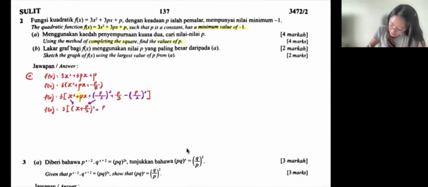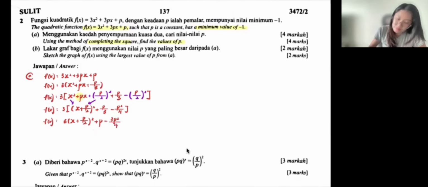This is plus p over 3, and then minus p squared over 4. All right. Last step, multiply 3 back here, here, and here. Open up the bracket. So that will be f(x) equals 3 times (x plus p over 2) squared plus p minus 3p squared over 4.